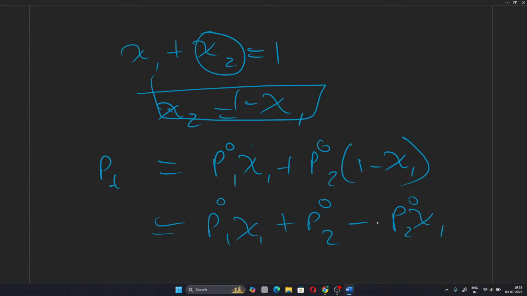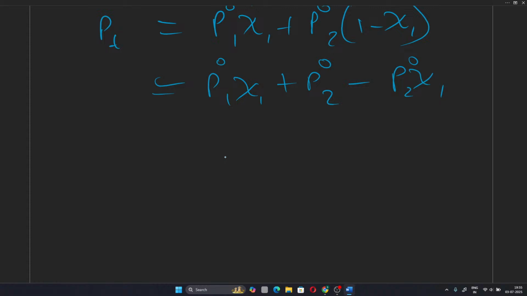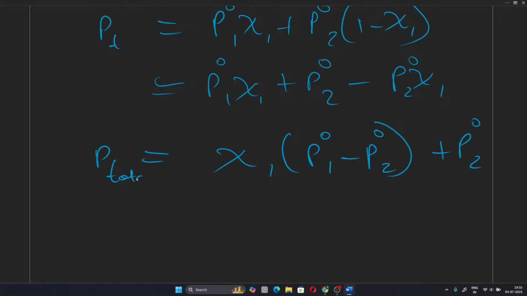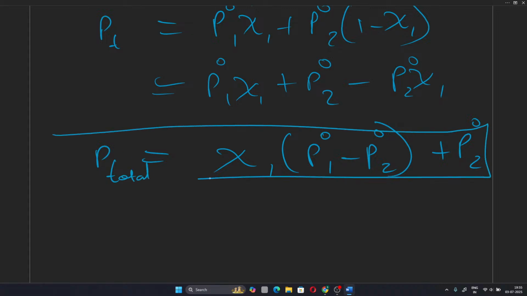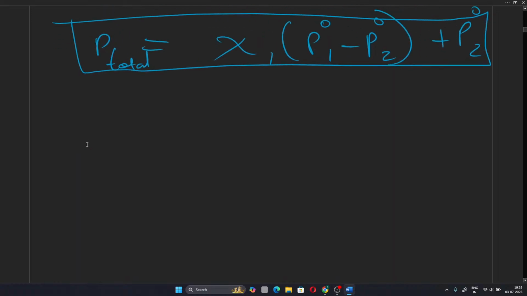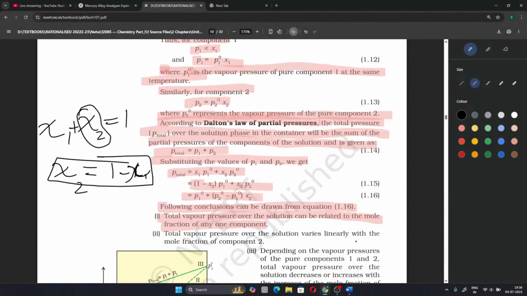Here we can take chi1 common: chi1 (P01 minus P02) plus P02 is the total vapor pressure of a binary solution. This is basically Raoult's law. That is what they have given here.